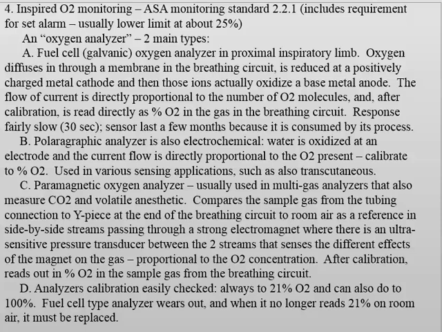It's basically got a probe that goes down into the inspiratory part of the breathing circuit, and there's a membrane, and oxygen goes through that membrane freely, and there is a positively charged metal cathode, and then those ions actually oxidize a base metal anode. And the process of oxidation allows an electric current to flow.